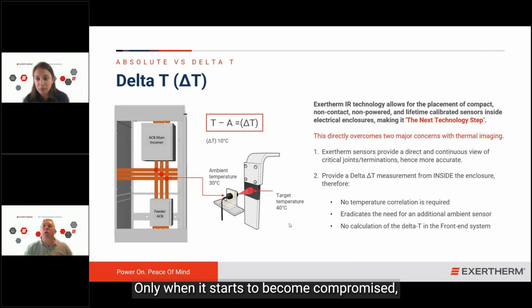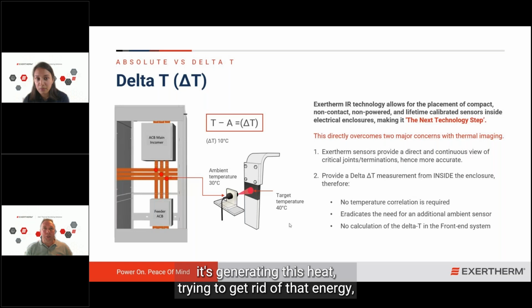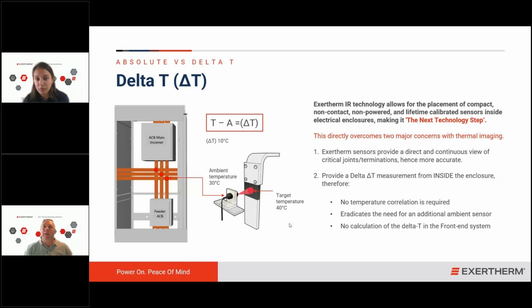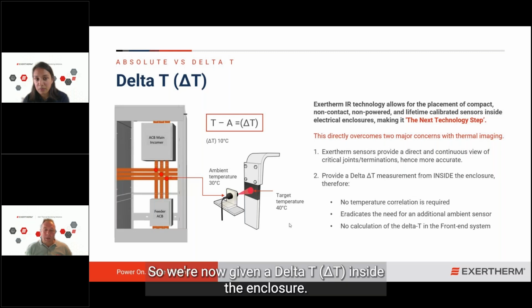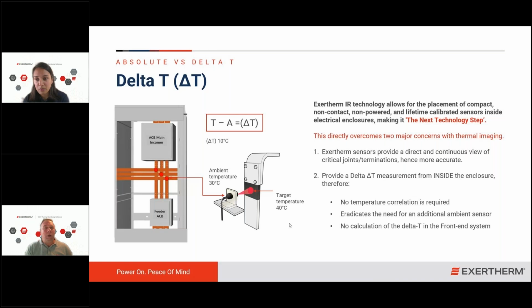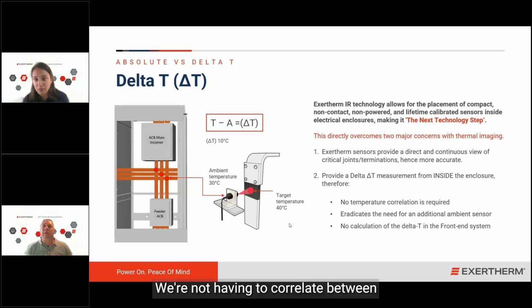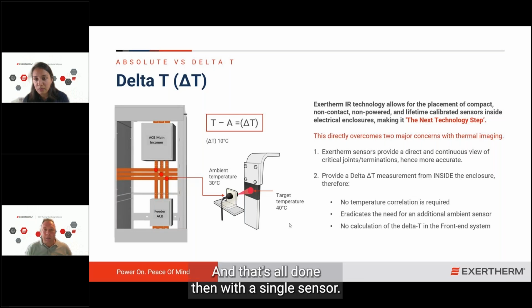Only when it starts to become compromised, it's generating this heat, trying to get rid of that energy, it's going to rise above ambient. So we're now given a delta T inside the enclosure. We're not having to correlate between an external ambient and internal ambient. What do those readings mean? And that's all done then with a single sensor.